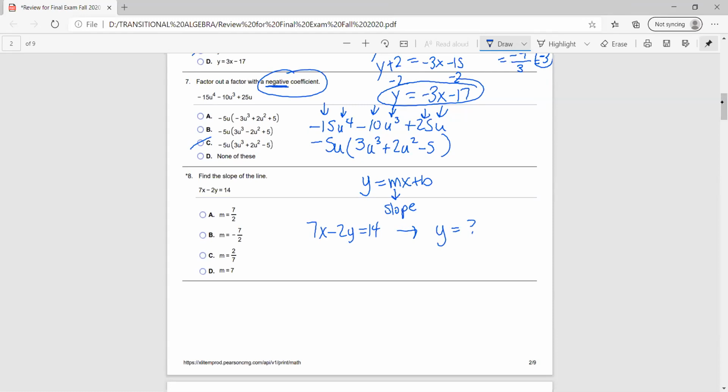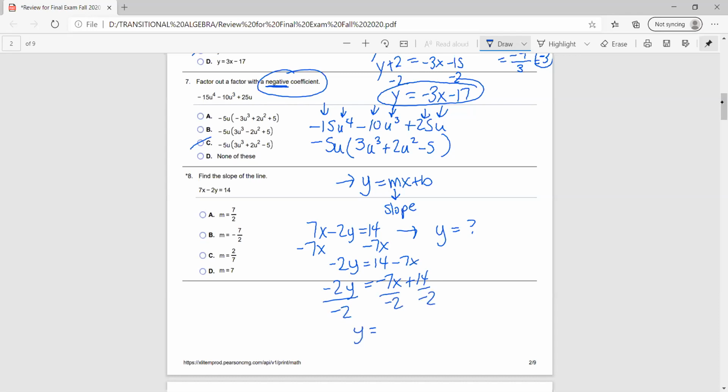Okay, so I'm going to subtract 7x. That's good. And so what I'm doing is moving everything away from the y. So that's 14 minus 7x. And the way that it's written up here, they have the minus 7x written in the front, but it really doesn't matter. We're going to divide everything by -2.